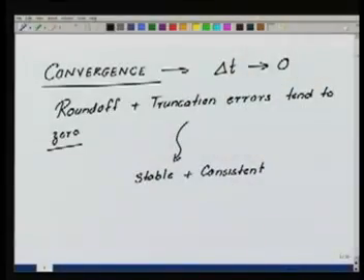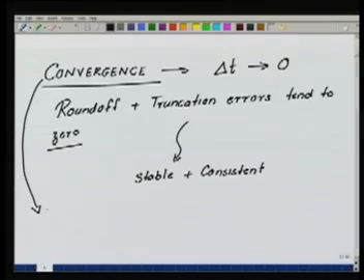Now convergence comes with another added question: how fast does it converge? As my delta t goes to 0, how fast does the error in the solution converge? That is given by the measure of accuracy.